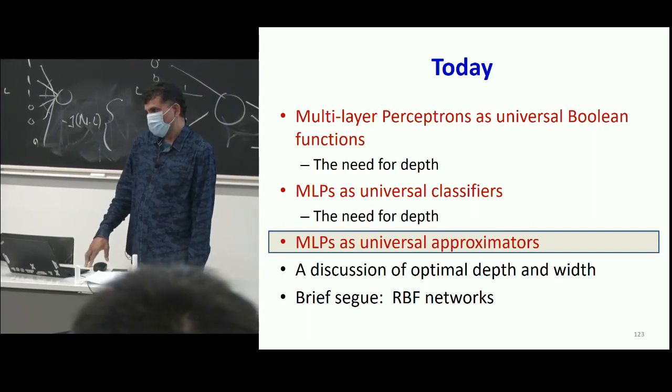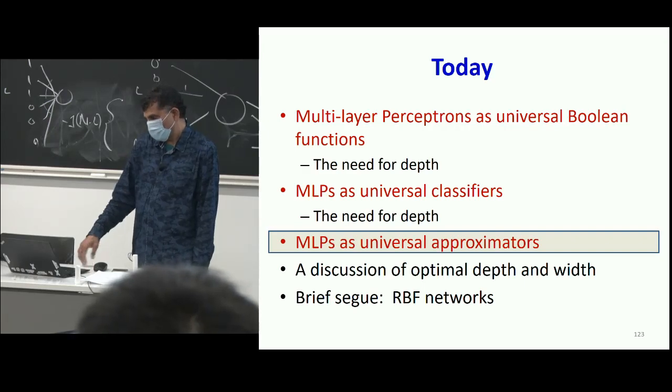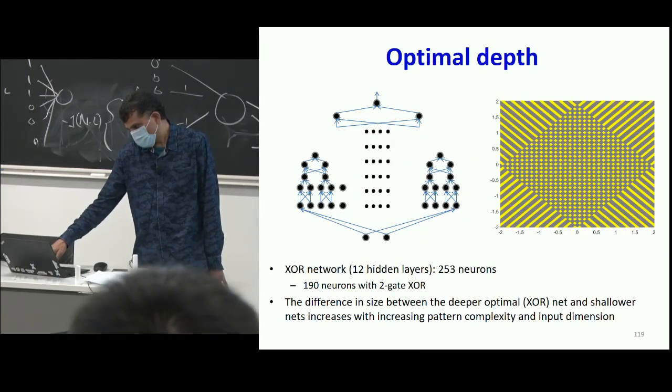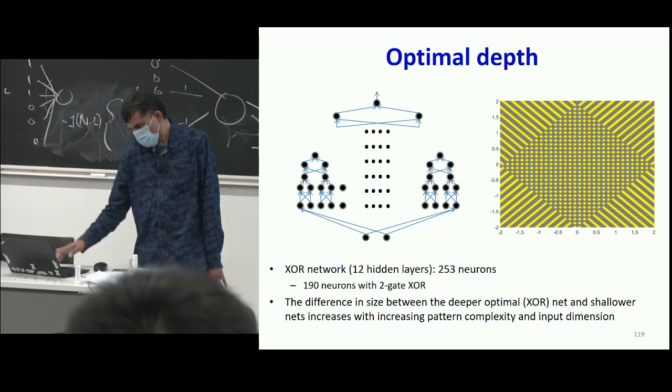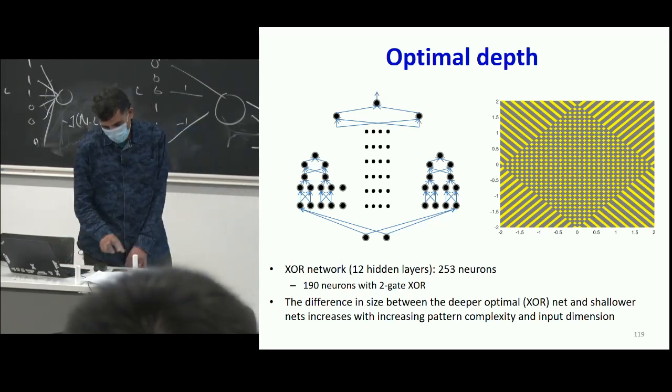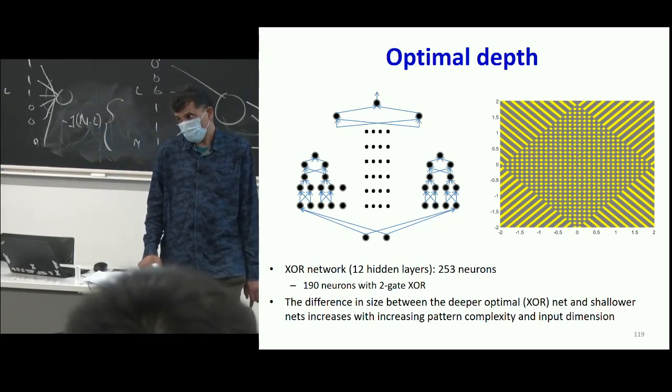Can you explain the XORs, that diagonal XOR map again in a little bit more detail? I don't think I caught it. This one? Yeah. Why does it require 253 neurons exactly? So this one, there are 64 variables.